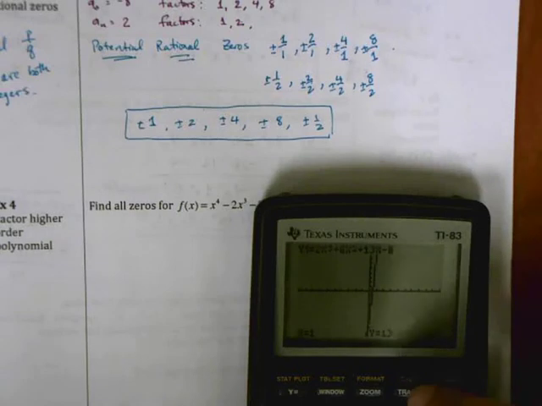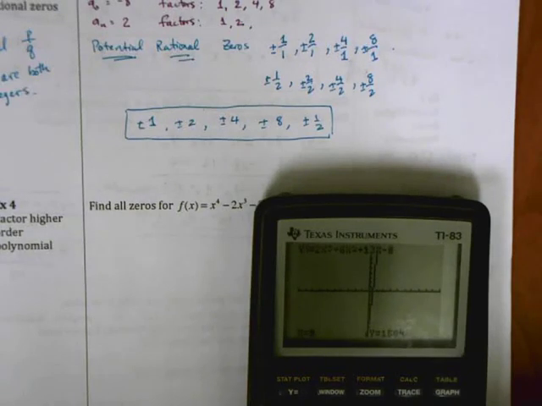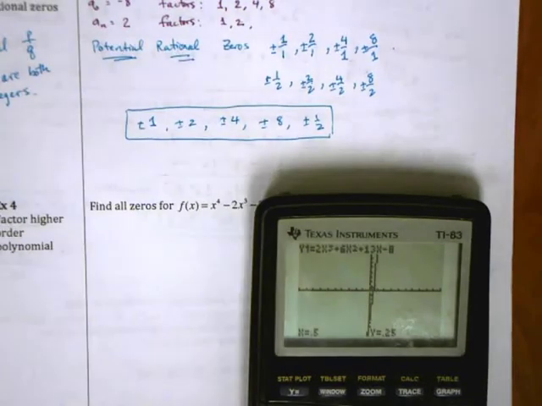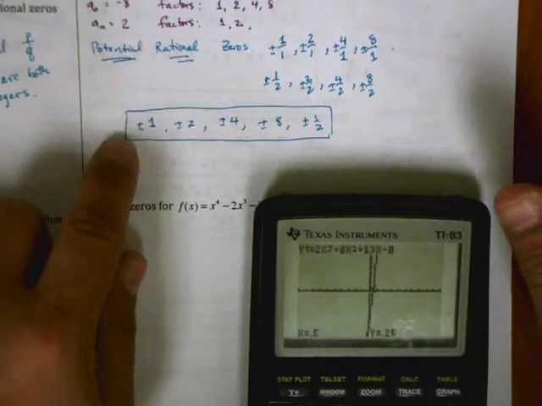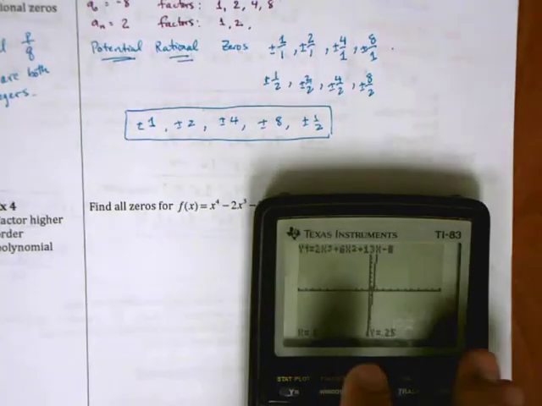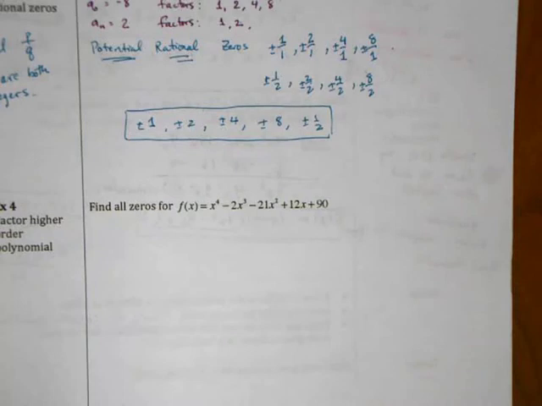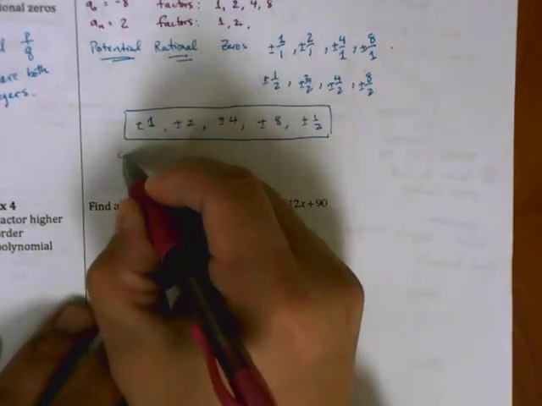So it looks like, and I'm trying all these other zeros here, it looks like there are no rational zeros here. So these are the potential rational zeros, but the actual function has no actual rational zeros. Okay, so we checked.